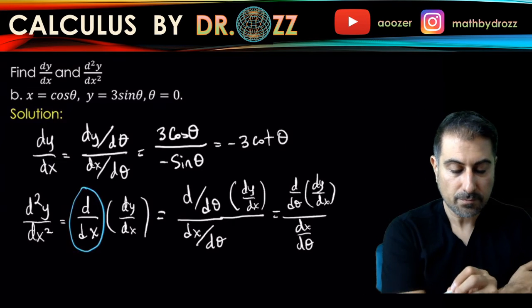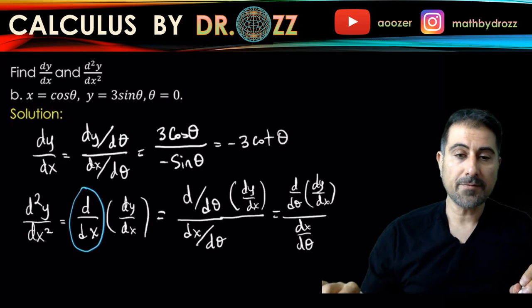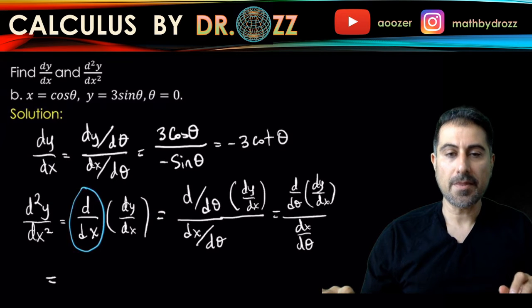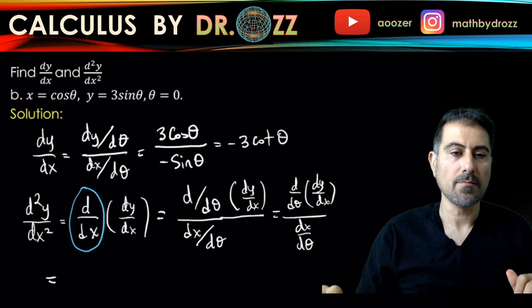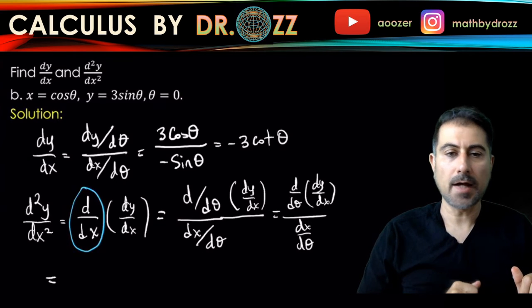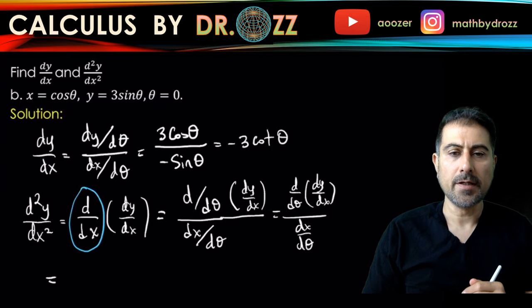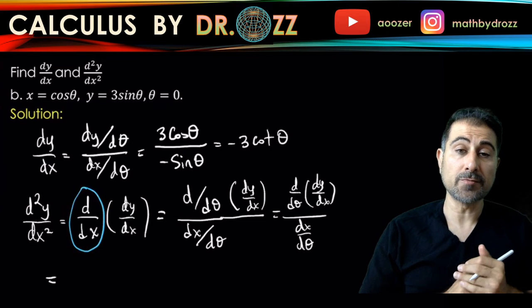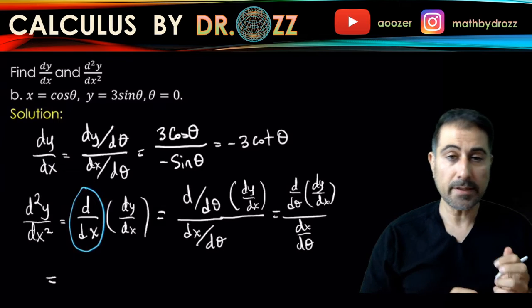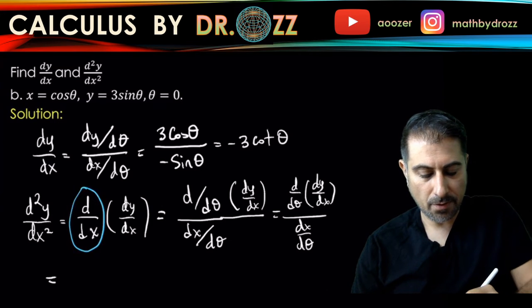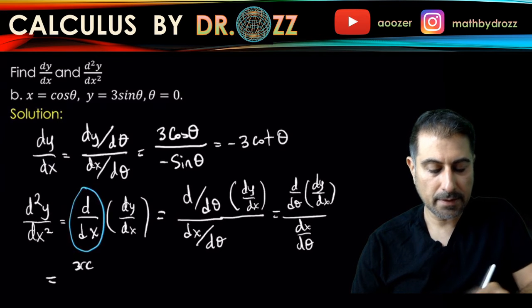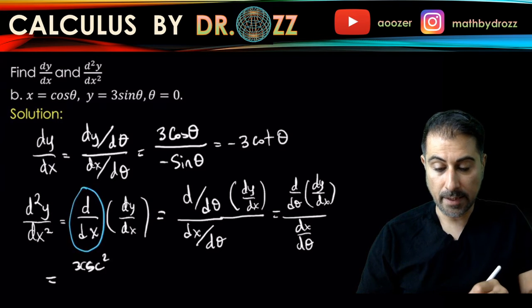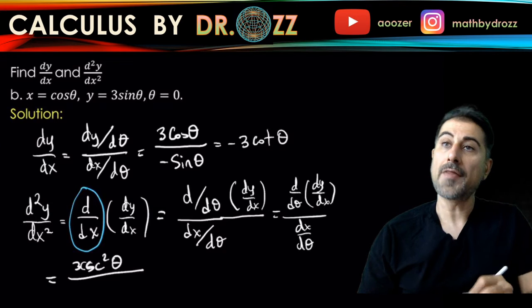Here we go. You have negative 3 cotangent theta, and go ahead and use the derivatives formula card to find the derivative of cotangent. And that is negative 3 times, well, cotangent comes with the derivative of negative cosecant squared theta. So we have 3 cosecant squared theta, and then dx over d theta is already negative sine theta.